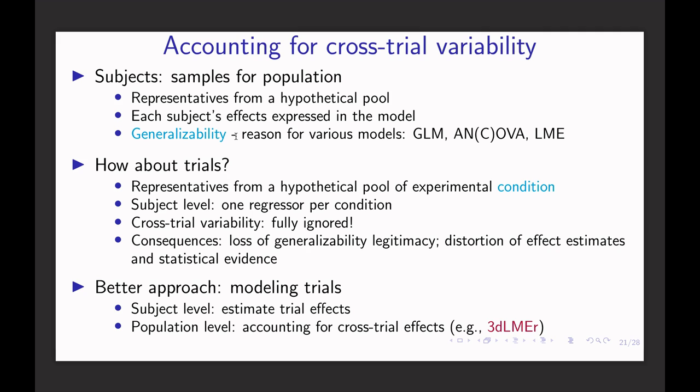How about the other sample size, trials? It's exactly the same reason an investigator adopts a number of trials. Again, the reason is to choose a specific number of trials as a representative for a hypothetical condition in an abstract sense.